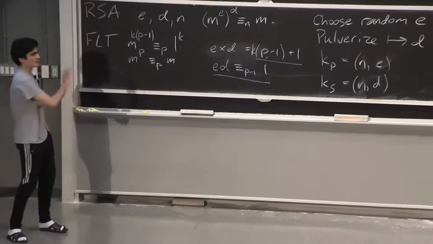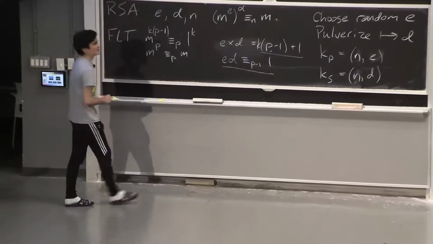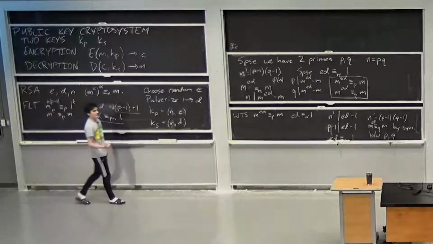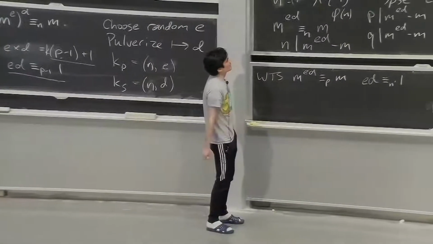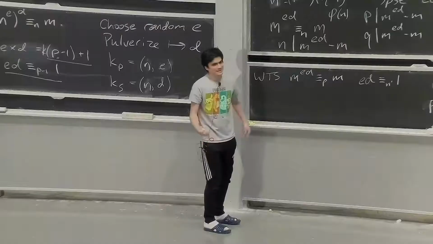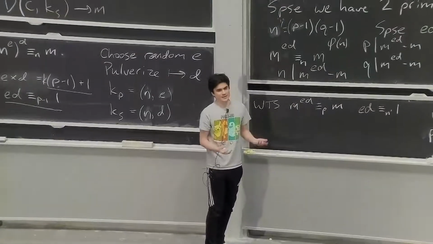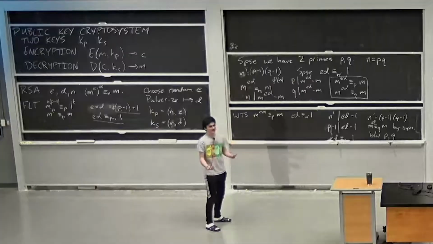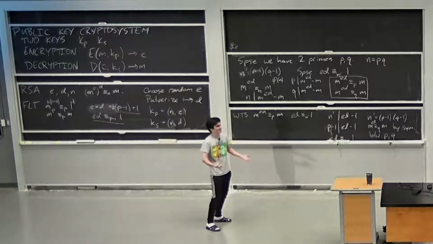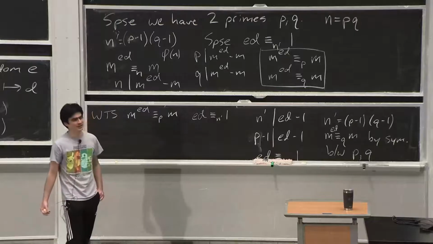We just proved the special case where n is the product of two primes. Basically it's kind of a guess and check. All we really need to know is that this works. We don't really need to know how we got there.